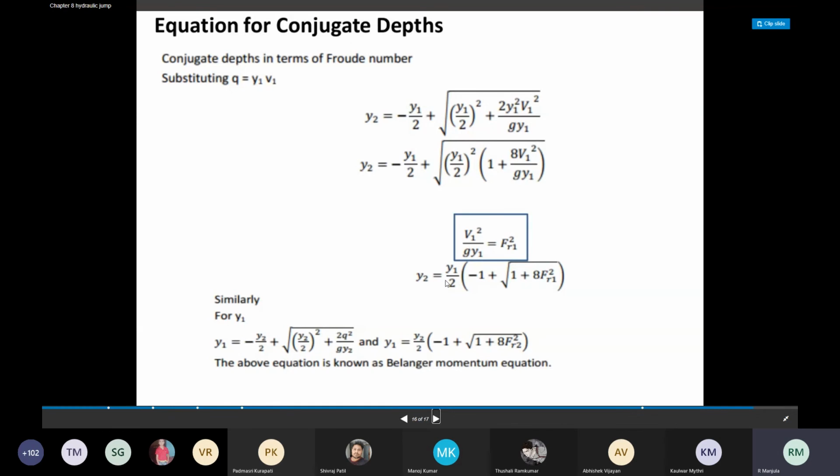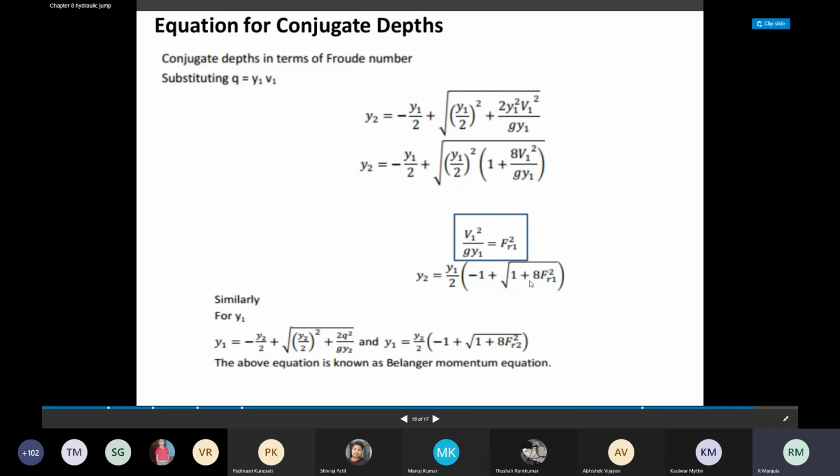Then y2 is equal to minus y1 by 2, taking y1 by 2 as common, into minus 1 plus the square root of the inner components.